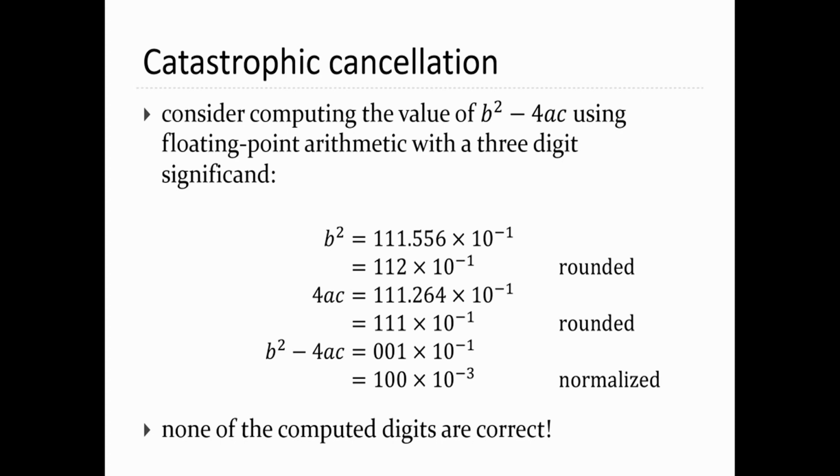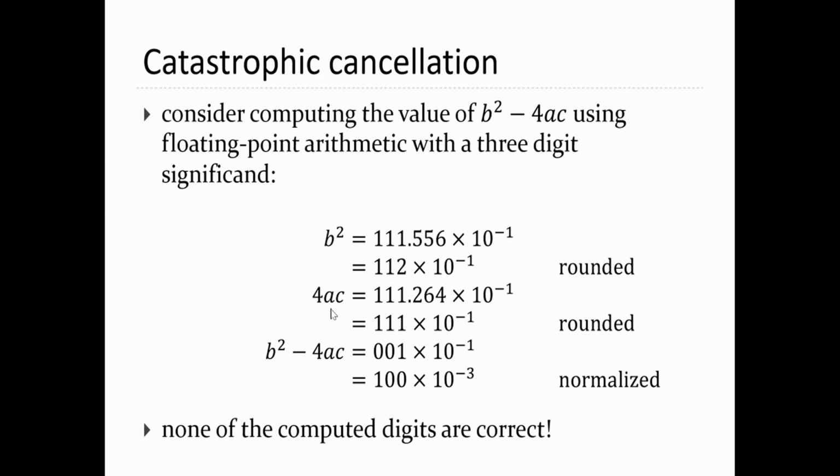So you end up with 111.556 times 10 to the minus 1, 11 and a bit. What's wrong? Our floating point format can't hold those 3 extra digits. So when I compute b squared, I end up with 112 times 10 to the minus 1. So instead of 11.1556, I end up with 11.2, and that's if I round.